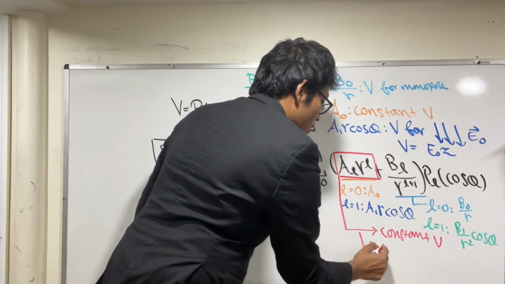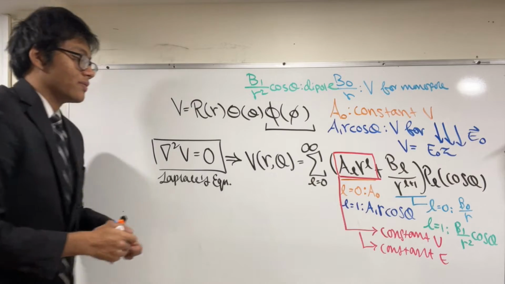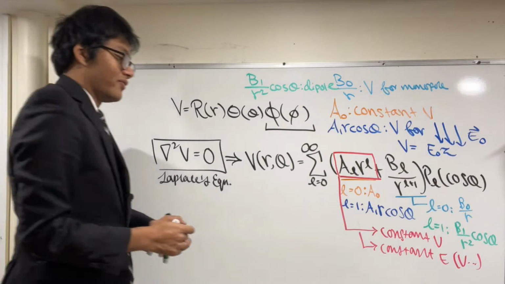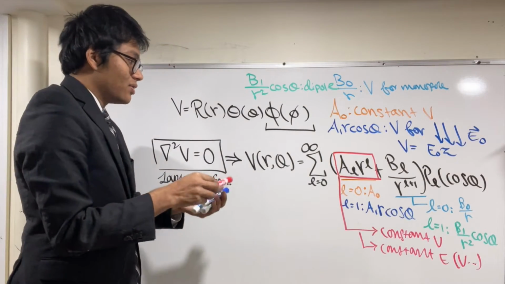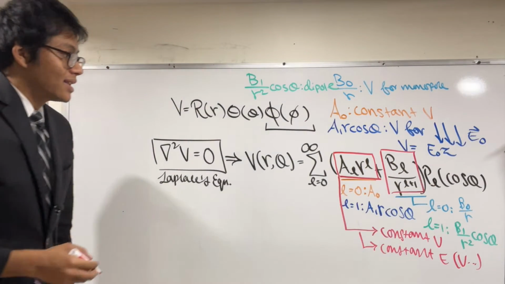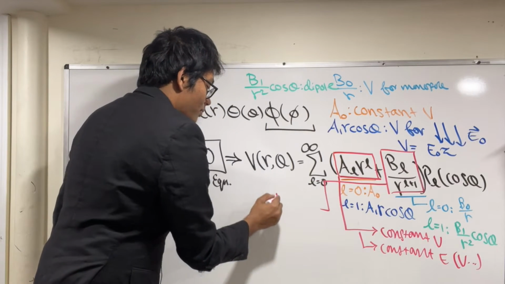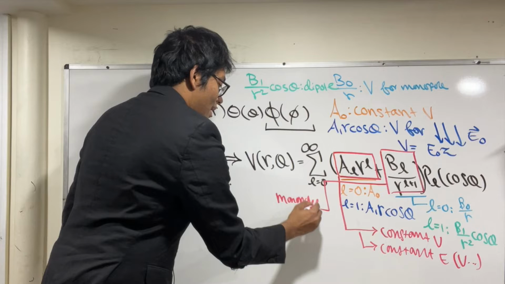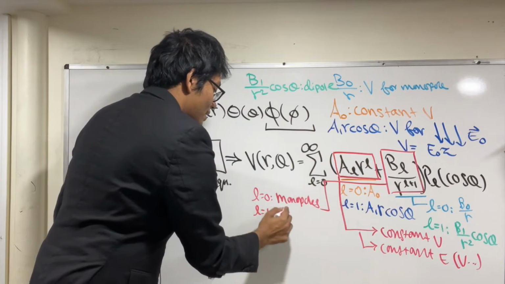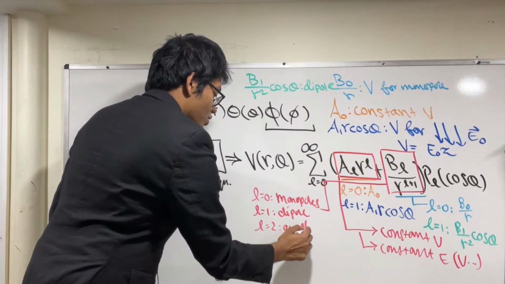So it's giving you the boilerplate stuff that you need to create any desired electric potential. And the second term, the term that is inversely proportional to the l plus 1 power of r, is giving you the potentials for the monopoles and the dipoles. When l equals 0, this gives you the monopole potential. When l equals 1, it gives you the dipole potential. And when l equals 2, it'll give you the quadrupole potential.